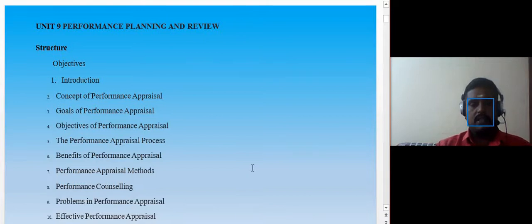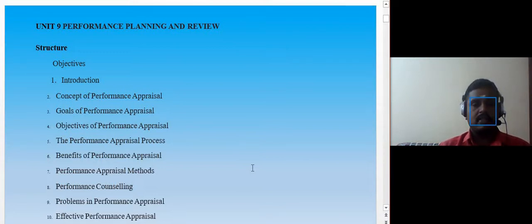The first one is the objectives, the second is the introduction, and the third is the concept of performance appraisal. The fourth is the goals of performance appraisal, and the fifth, the objectives of performance appraisal.